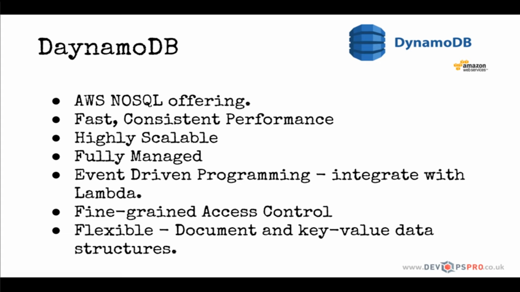It's very flexible. It's also a document or key-value data structure, so you can use it for basically everything, whether it's cache, whether it's queues, whatever you can think of. Very recommended if you're using NoSQL.